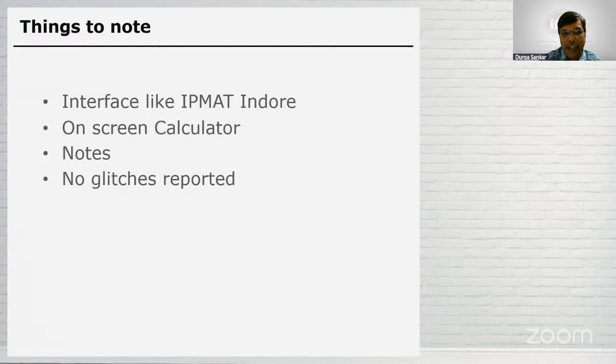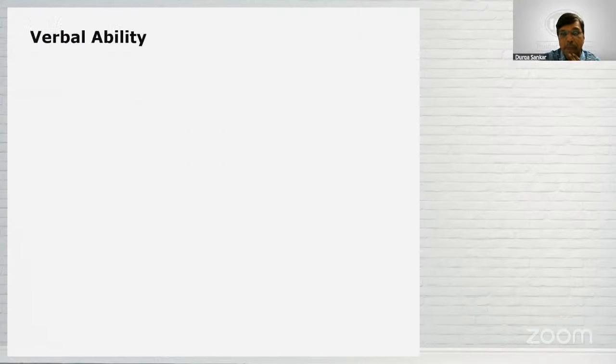Now let's look at how each of the sections has been. In the verbal ability section, as I was saying a minute ago, all the questions were predominantly from those three areas that were mentioned. Of course, there were a couple of questions from the domain of critical reasoning as well, but few.